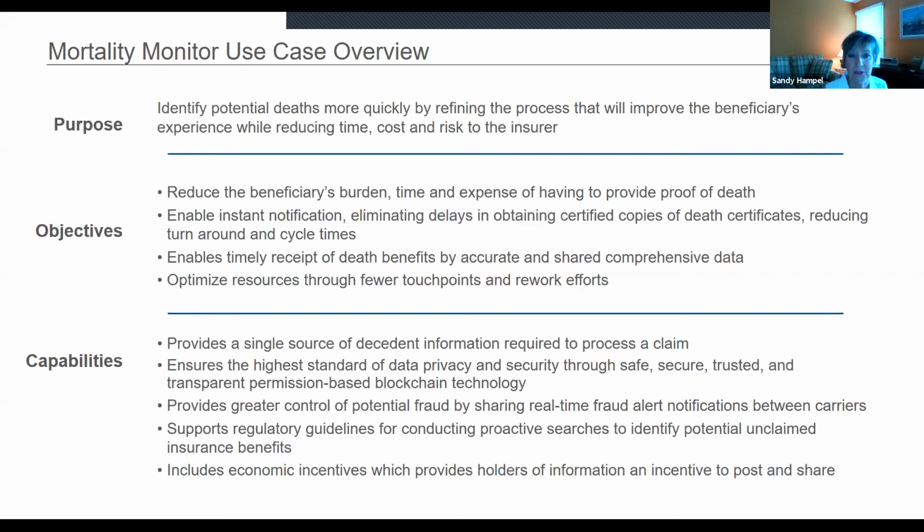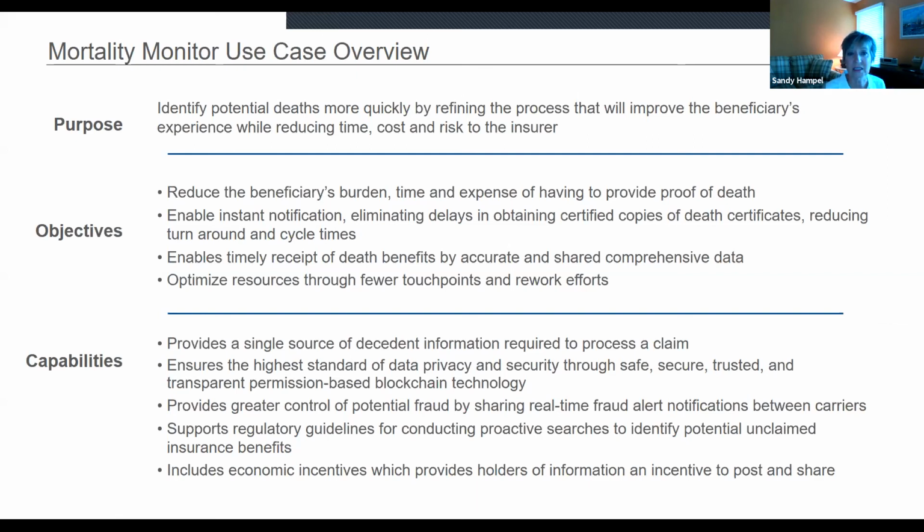It also enables timely received death benefits by having that accurate, consistent information. Sharing it among the carriers enables them to proactively begin processing those claims and payments. And lastly, as far as the objective, optimizing resources through fewer touch points and rework efforts.